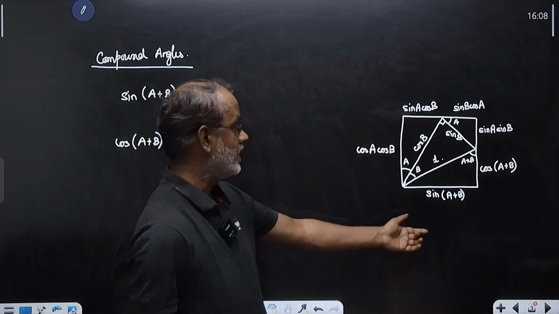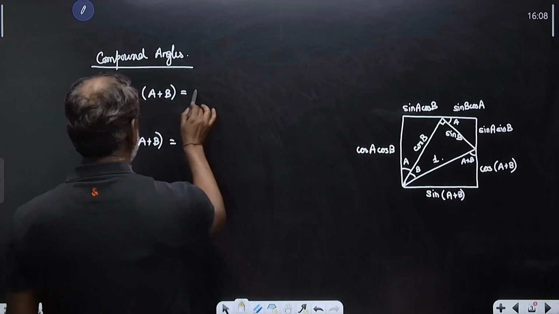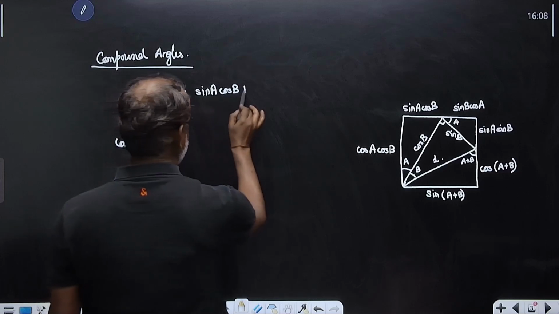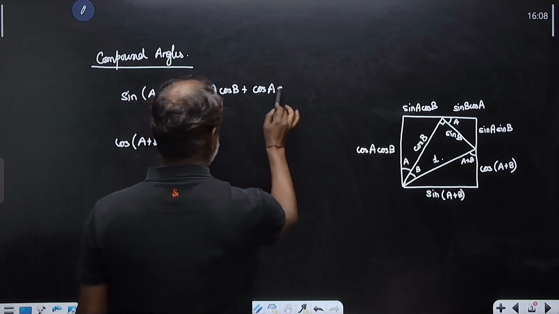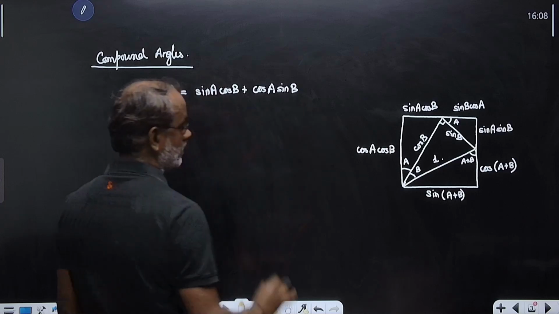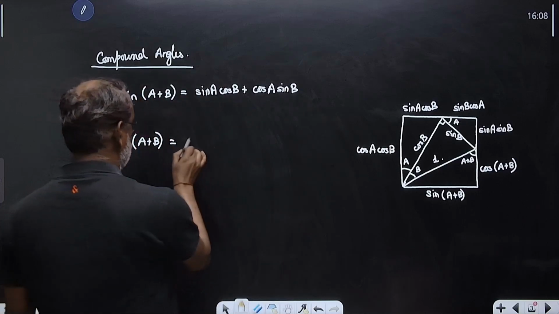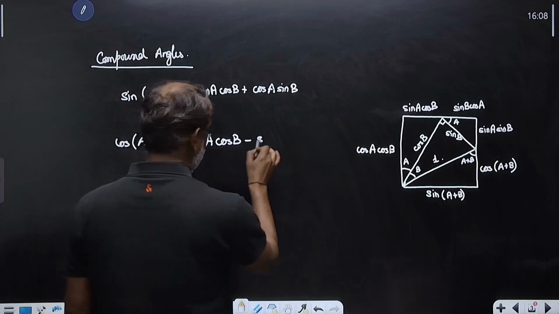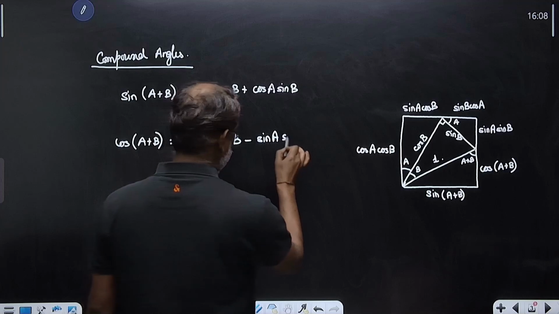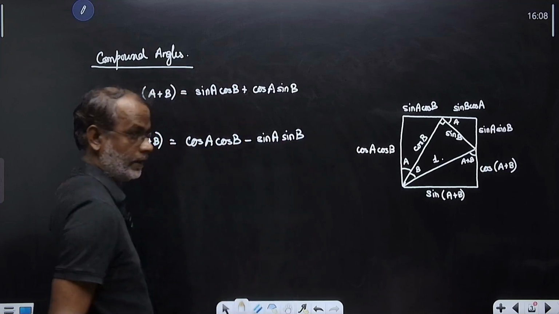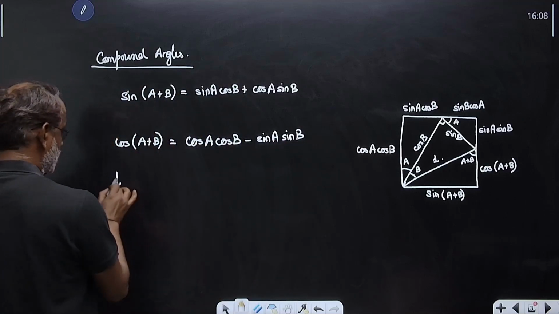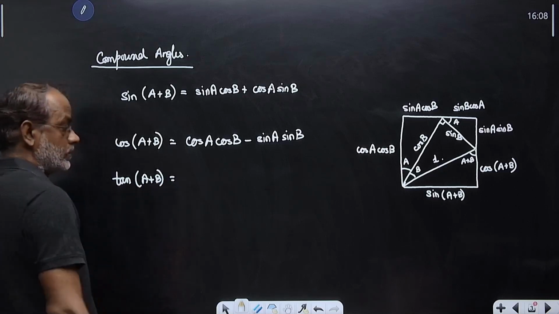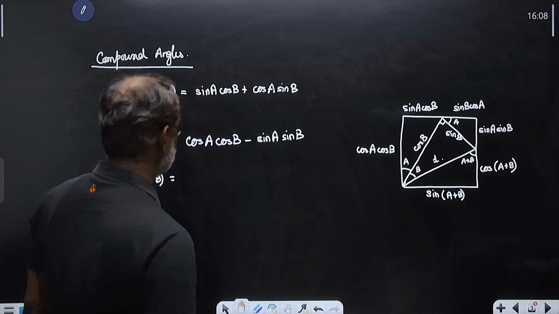Now it is easy to see sin A plus B is sin A cos B plus cos A sin B. What is cos A plus B? Cos A cos B minus sin A sin B. Tan A plus B, if you want, simply divide these two.